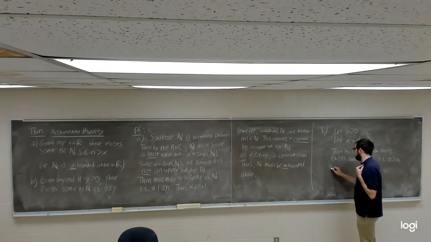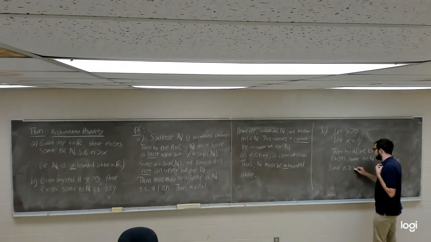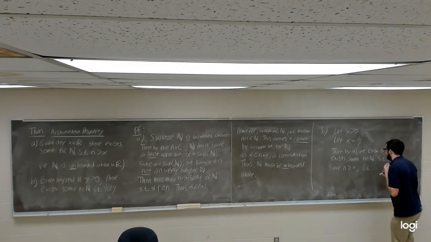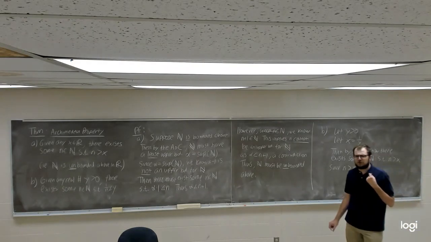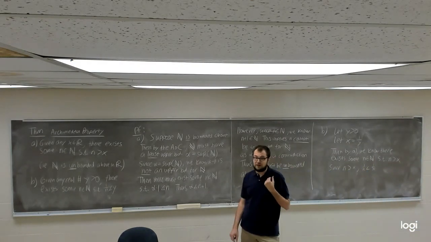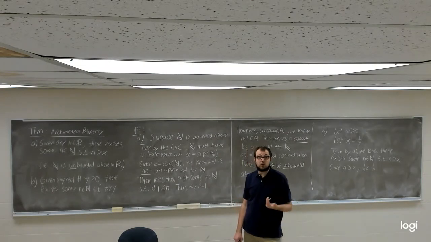So I claim we can say that since n is greater than x, 1 over n should be less than 1 over x. And that's something we didn't prove, but that's something you can prove from the order axioms.